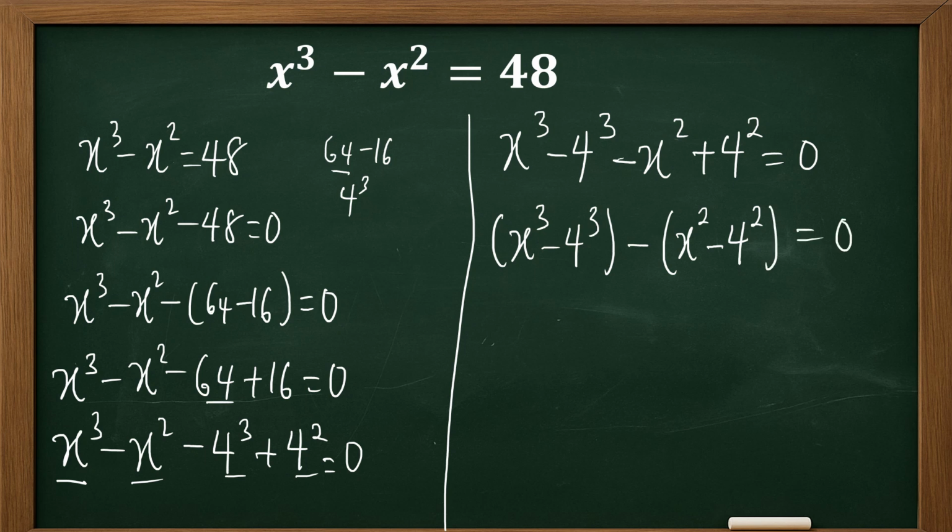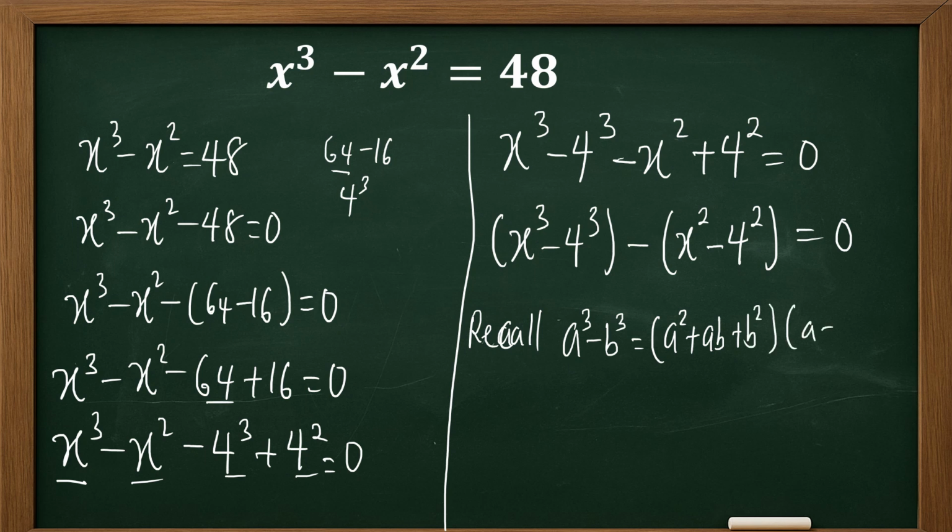But before we proceed, I want you to recall these two rules. Recall that if we have a to the power of 3 minus b to the power of 3, this is the same thing as a squared plus ab plus b squared, and here we have a minus b.